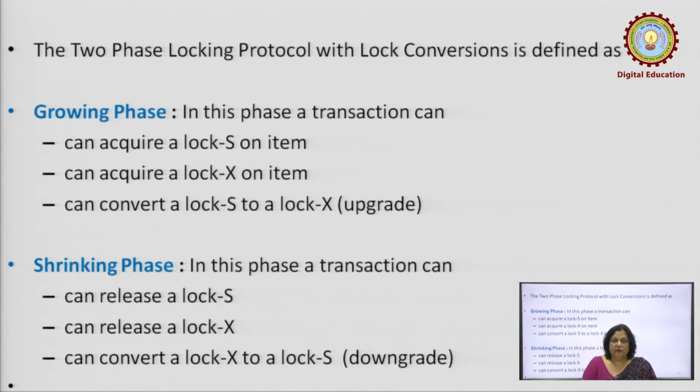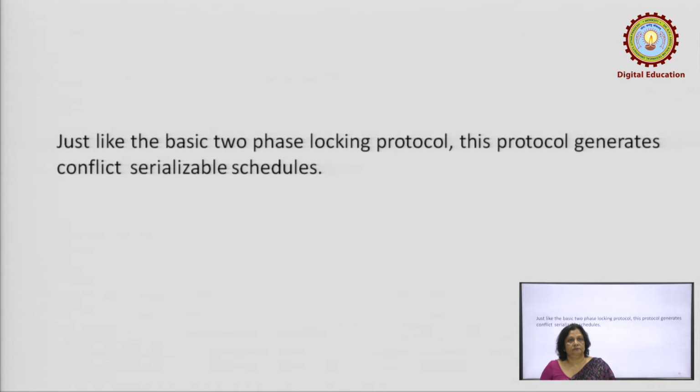During the shrinking phase, the shared mode lock can be released, the exclusive mode lock can be released, and a lock can be downgraded from the exclusive mode to the shared mode. And just like the basic two-phase locking protocol, the locking protocol with lock conversion generates conflict serializable schedules.